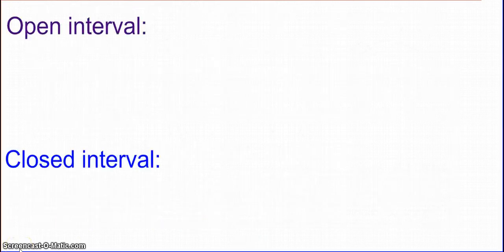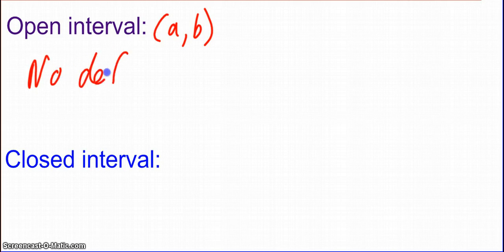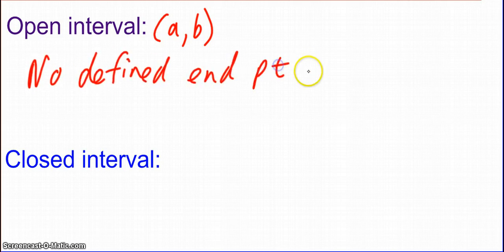Alright, real quick, open and closed intervals. We should recognize the notation. An open interval is when we have parentheses, a comma b, parentheses. What this means is it doesn't have any defined endpoints.